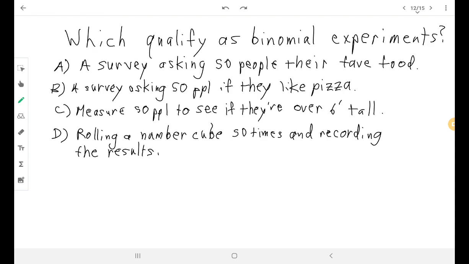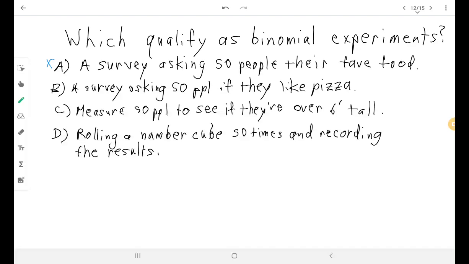So if I just ask their favorite food, certainly it's an experiment. It's just not a binomial experiment, right? A survey asking 50 people if they like pizza. Now really the question should be way more specific than that. But the idea is you should only be able to give a yes or a no to this, right? And maybe I'm only accepting yes or no answers.